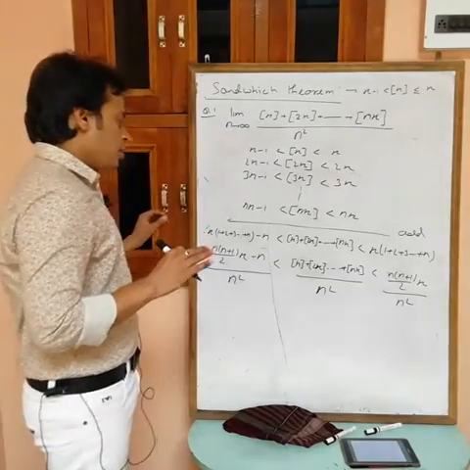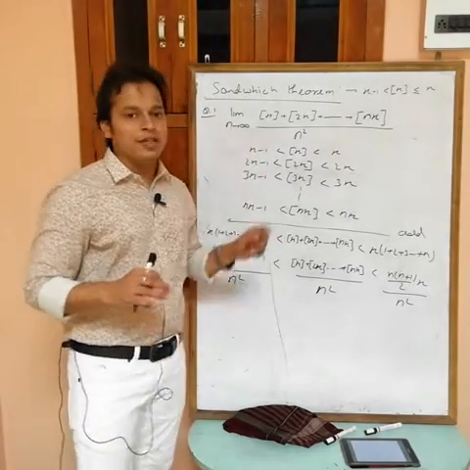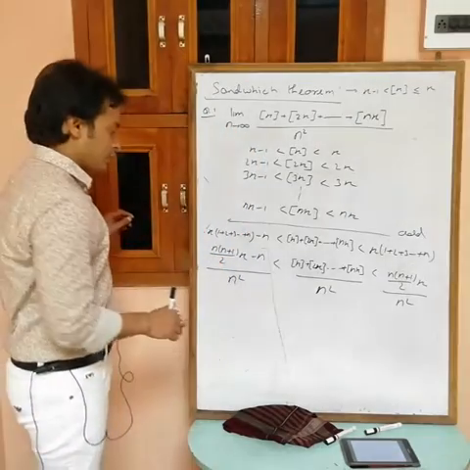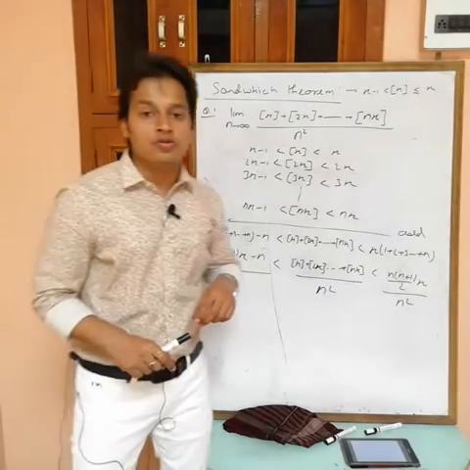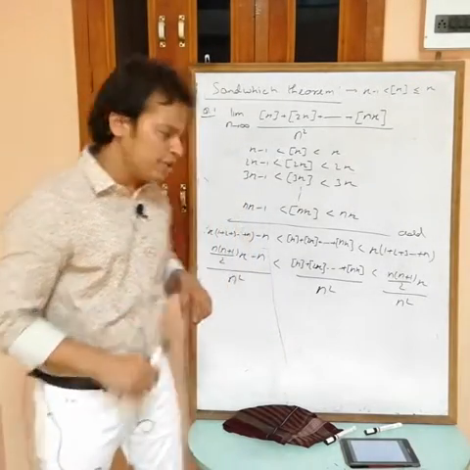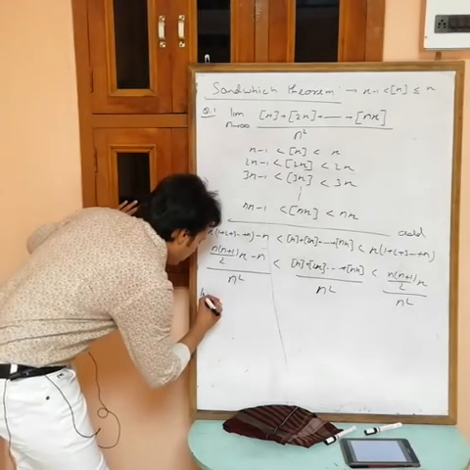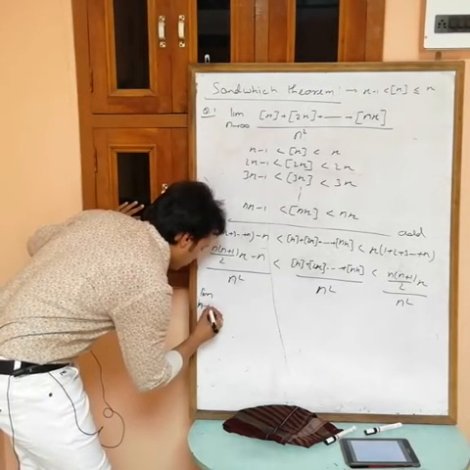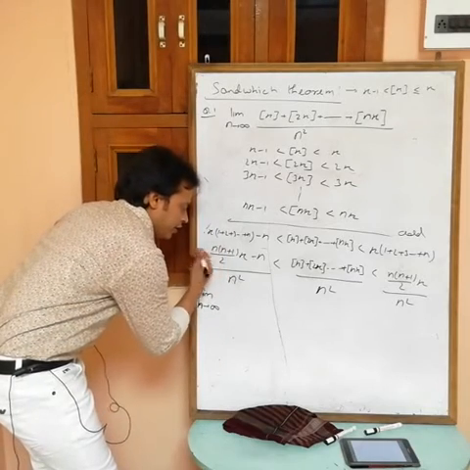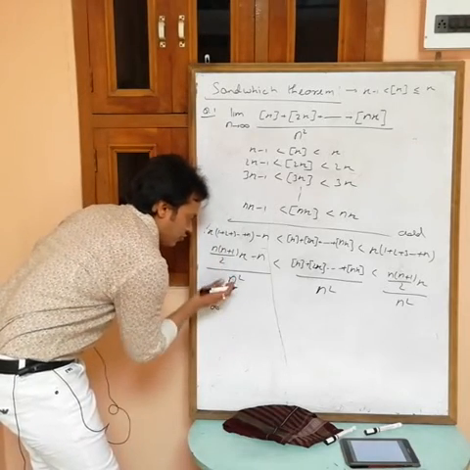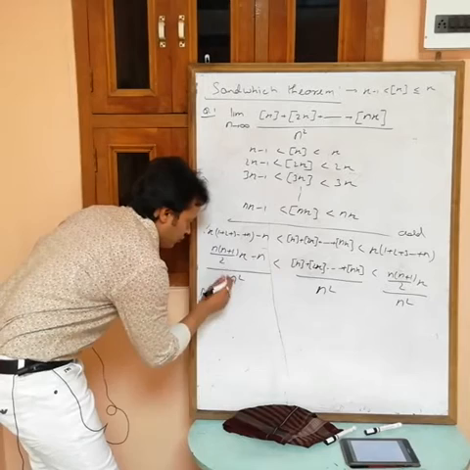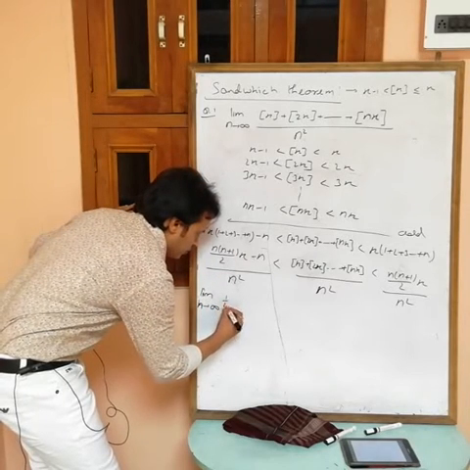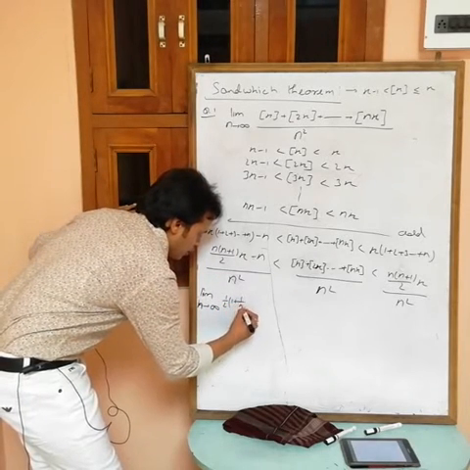Now I have to apply the limit as n tends to infinity. How to solve? Take the highest power of n common. I am taking n square common, then n square cancels out. Divide by n square, what will you get? One n cancels out, leaving 1 by 2 times (1 plus 1 by n).